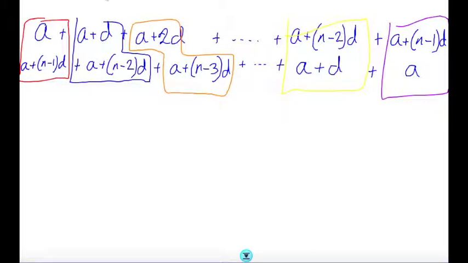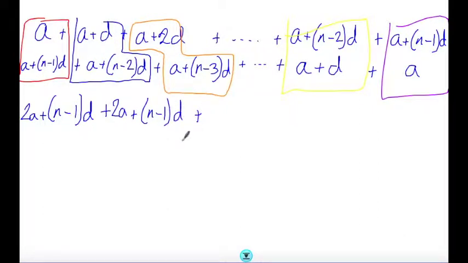So this would be 2a plus (n minus 1)d. The next one, we've got 2a again, and we've got (n minus 2) lots of d plus a d, so we've got (n minus 1)d. You can see a pattern forming here, just like when we had 101 for Gauss's. Here again, 2a plus (n minus 3)d, but plus another 2 brings us up to (n minus 1).